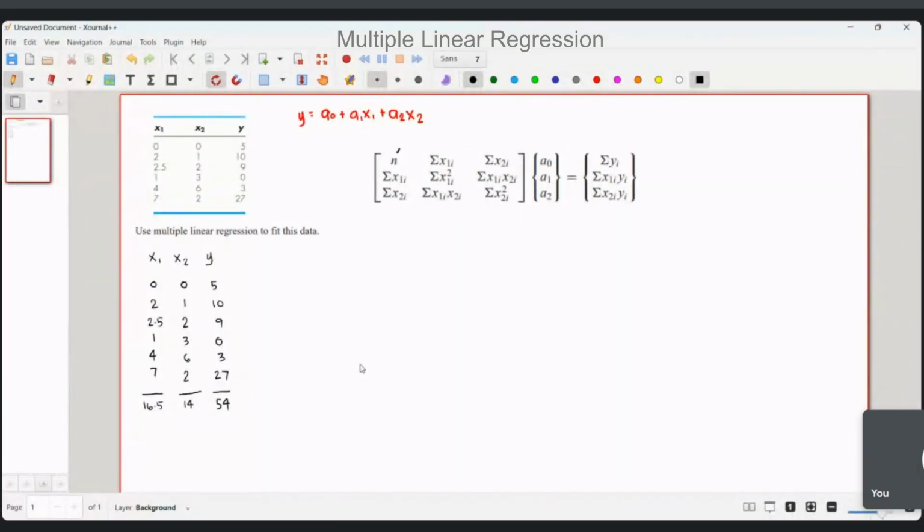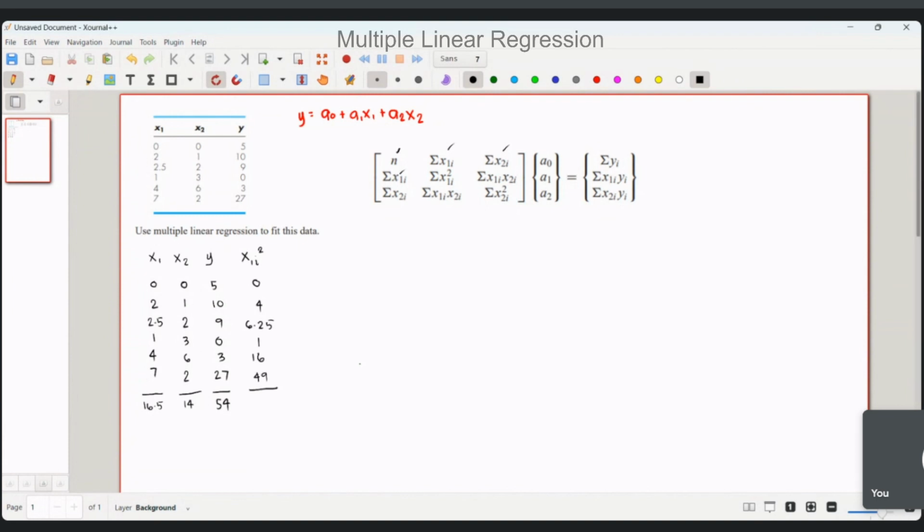Now for the x1 squared, that would be, so that's 0, that's 4, that's 6.25, that's 1, that's 16, and that's 49.